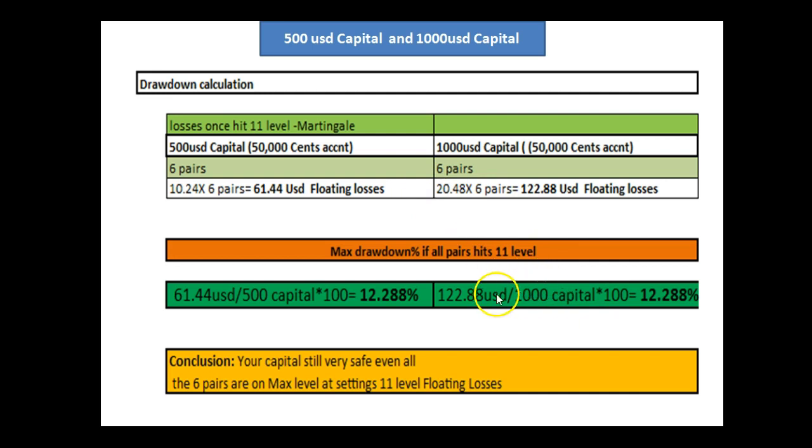So the maximum drawdown, if all these 6 pairs drop 220 pips without reverse, is still equivalent to 12.288 percent of your capital in floating losses. So we are waiting for a reverse at this moment. If all these 6 pairs drop to this 11 level, your EA will not perform anymore because you are on the 11 level settings.